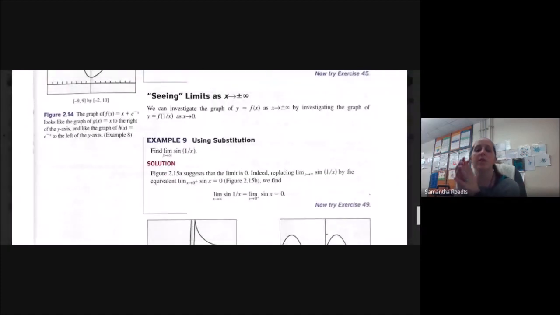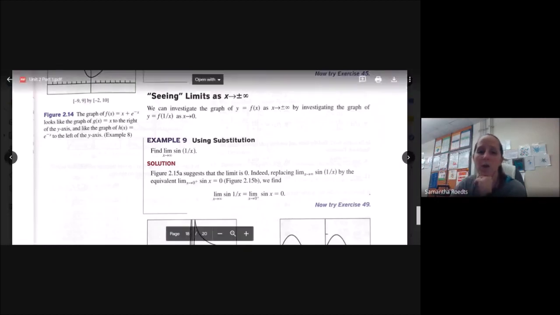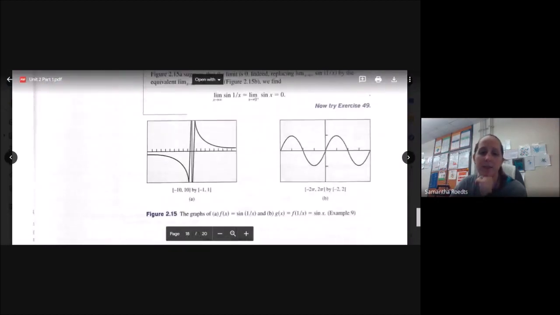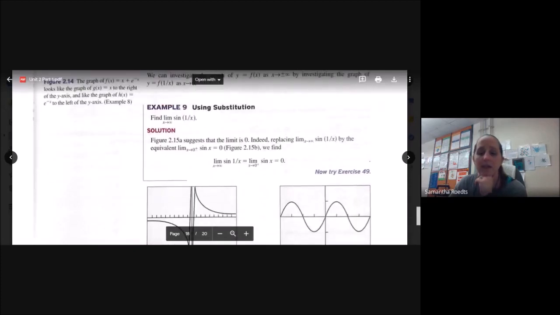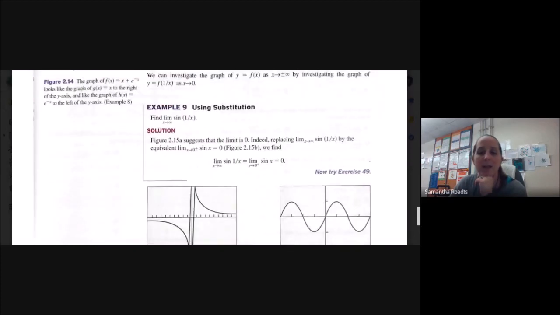So for example 9, we can use substitution to find the limit of sine 1 over x as x approaches infinity. So in figure 2.15a, which is this one, it suggests that the limit is 0.